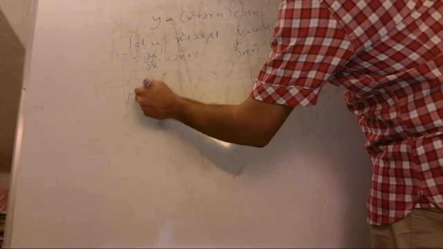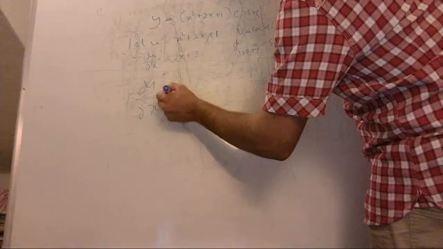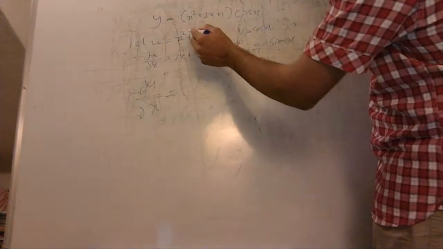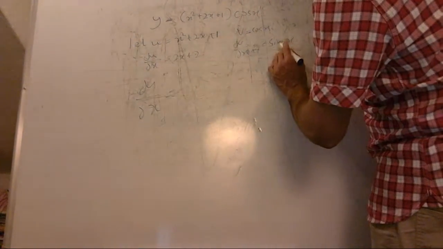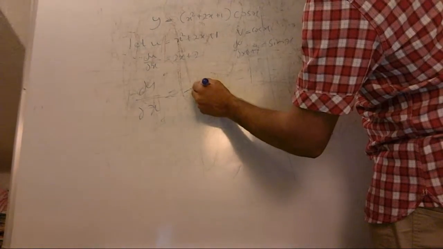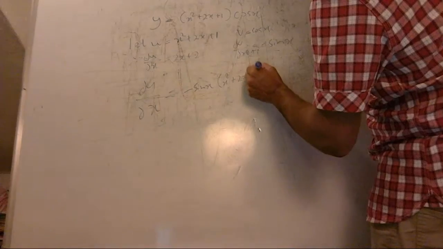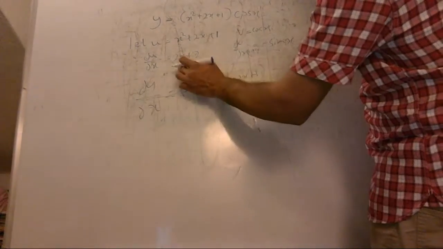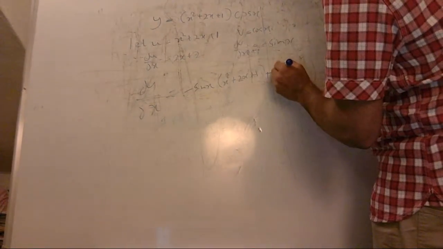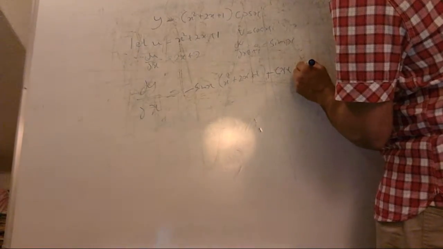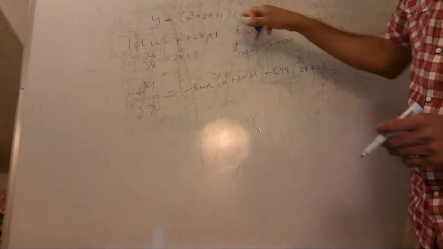So now dy/dx equals u dv/dx, so that means minus sin x times all that, so minus sin x (x squared plus 2x plus 1), and then v du/dx, so cos x times (2x plus 2), and that's your answer. That's the derivative of that function there. Basically these two functions are multiplied together.